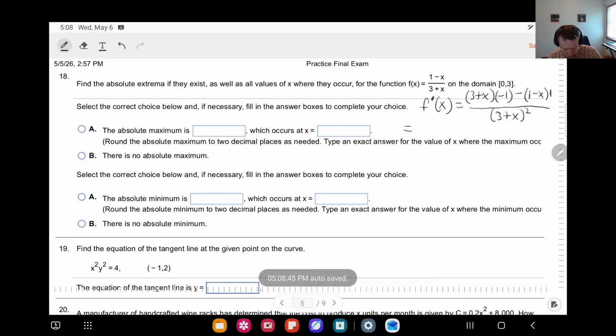So -3 minus 1, that is -4. I just wanted to save a little space here, so I didn't write all that work. All right, so -4 over 3 plus x squared. Let me just double check that math real quick. Yeah, looks right.